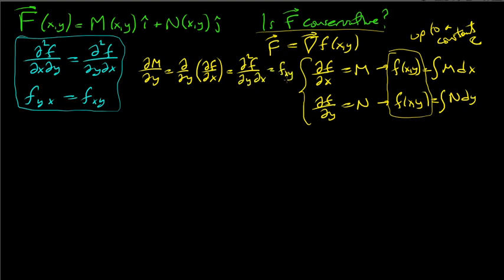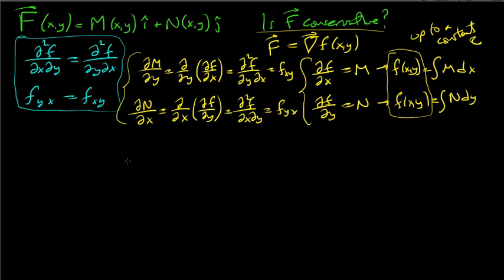So it's fxy. But if I take the partial of n with respect to x, I get the partial with respect to x of the y partial of f. In other words, we do the y first and then the x. So this is fyx. But of course, these are equal. If these are equal over here on the right, these have to be equal on the left. So we get this nice condition here.